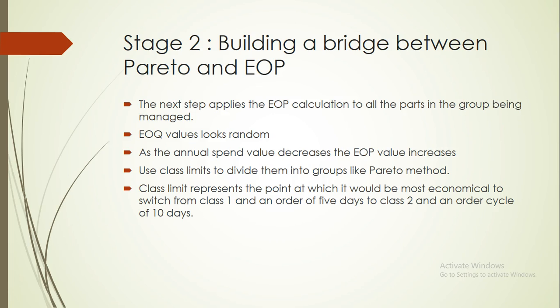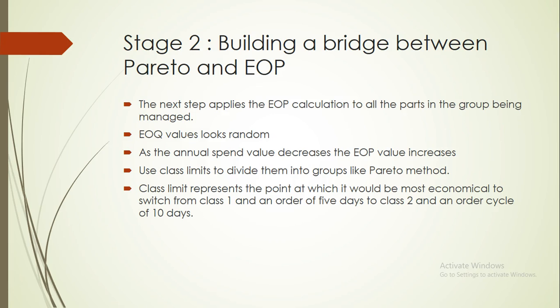In stage 2, we will be calculating the annual spend value and the class limit, and we will be dividing them into groups like Pareto. The class limit represents the point at which it would be most economical to switch from class 1 and an order cycle of 5 days to class 2 and an order cycle of 10 days.